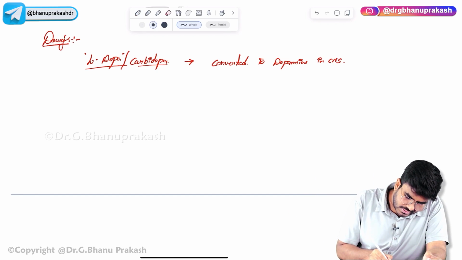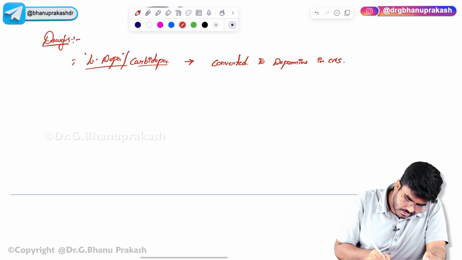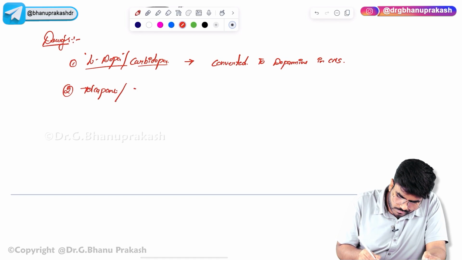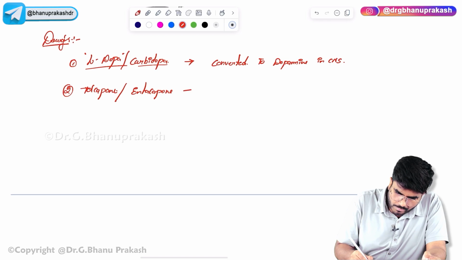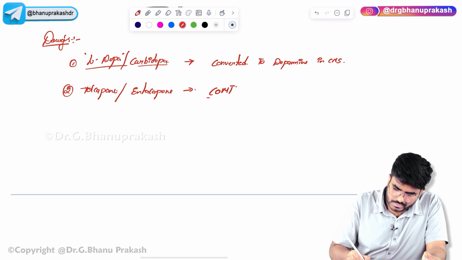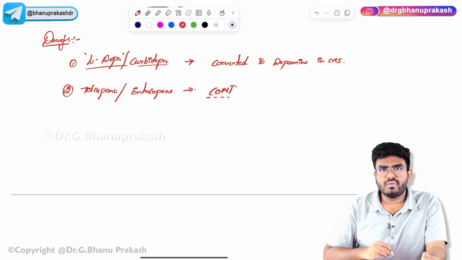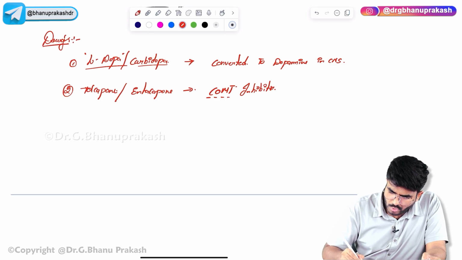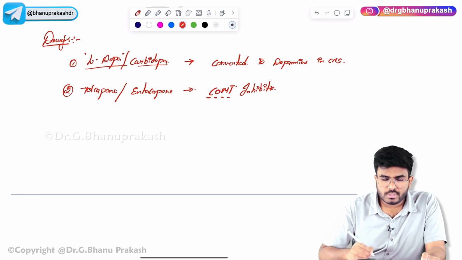Next, what other drugs can be used? The other drugs which are used are tolcapone and entacapone. What are these? These are COMT inhibitors. I will explain what exactly COMT is. Now what exactly is COMT going to do?